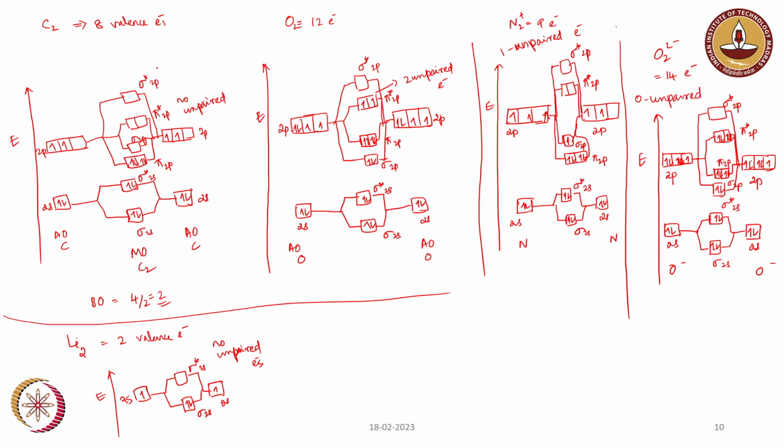So in C2 there are 0 unpaired. In O2 there are 2 unpaired electrons, and in N2 plus there is 1 unpaired electron. In O2 2 minus there are no unpaired electrons, and in Li2 there are no unpaired electrons.